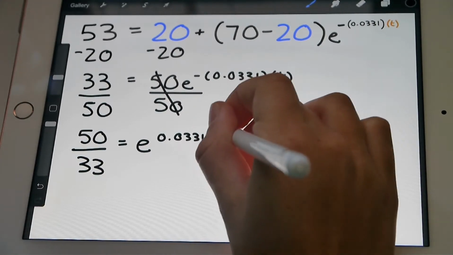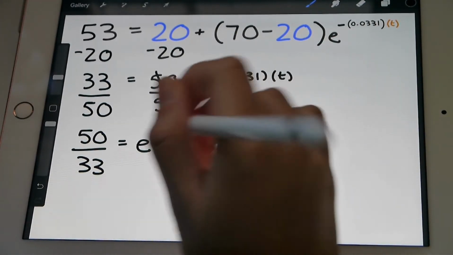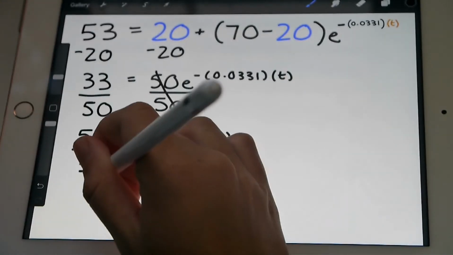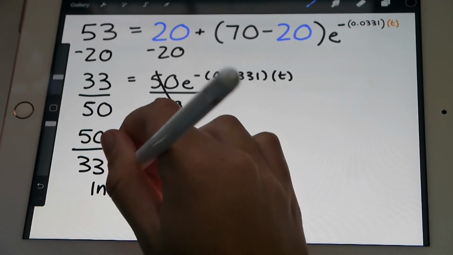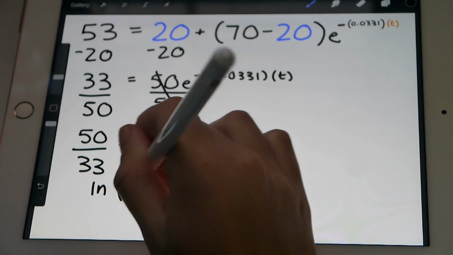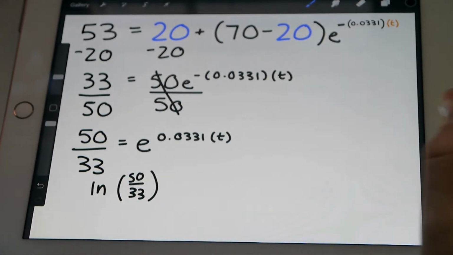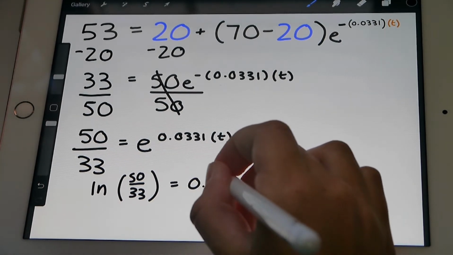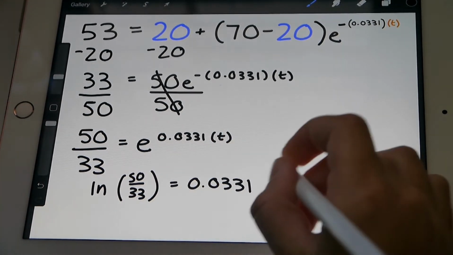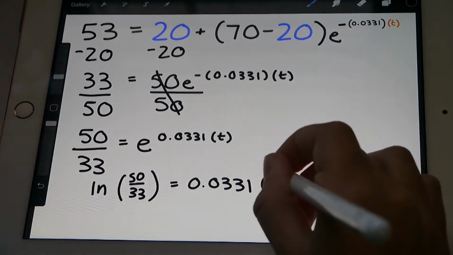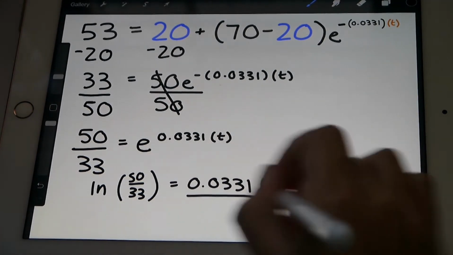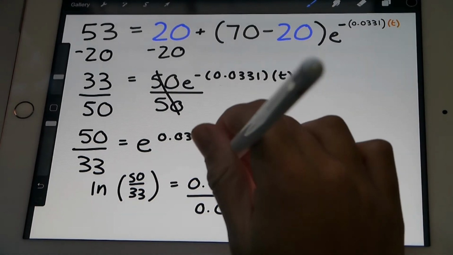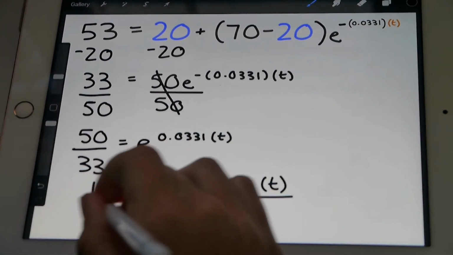Then, in order to get rid of the e, we're going to take the natural log of both sides, and that's going to leave us with the natural log of 50 over 33 is equal to 0.0331 t. Then we're just going to divide by the rate on both sides, and you should end up with 12.553, but we're just going to round it to the nearest tenth, and that's going to be about 12.6 minutes.